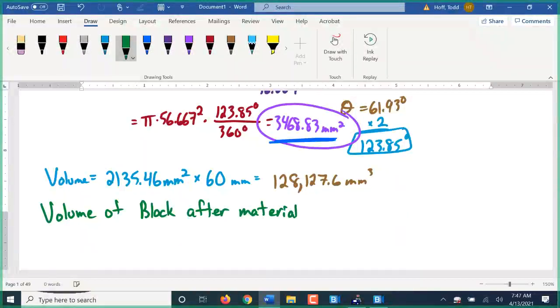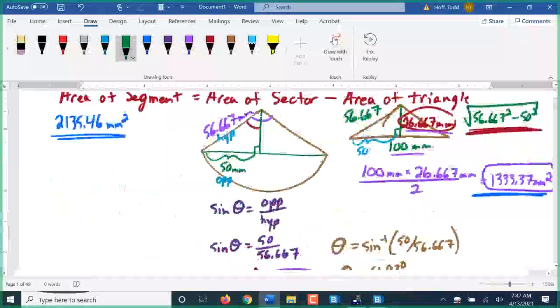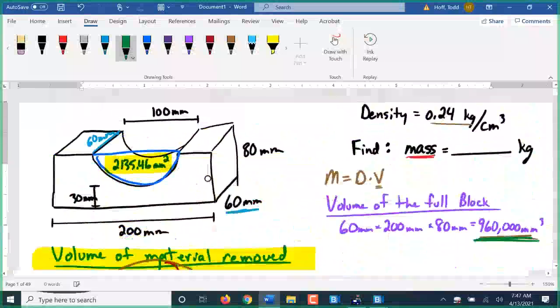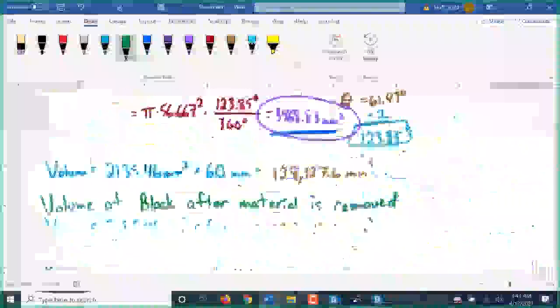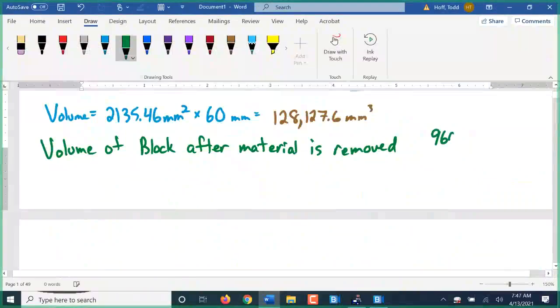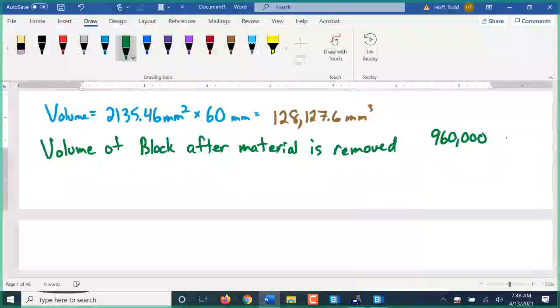And now we can find the volume of the block after the material is removed for that groove, that segment of a circular groove. We had the volume of the entire block before it was removed of 960,000 millimeters cubed.